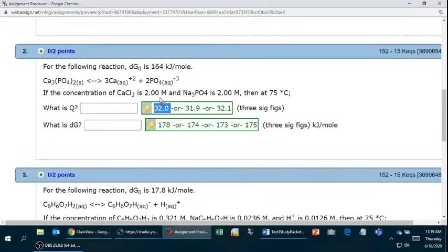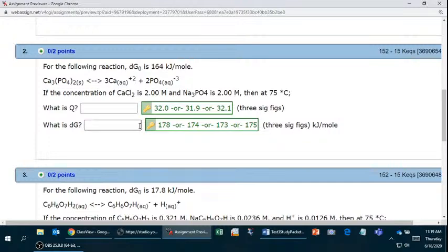So that's definitely correct. That would be 2 to the 5th power, because there's a cube there, a square there, so I agree with the Q. So let's go from there. We've got delta G equals delta G naught plus RT ln of Q. So delta G naught in this case is 164. R is 0.008314. Temperature, you're at 273 plus 75 degrees C, so that's 348 Kelvin, ln of 32.